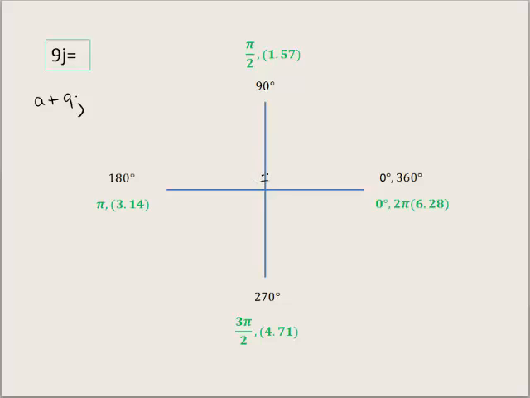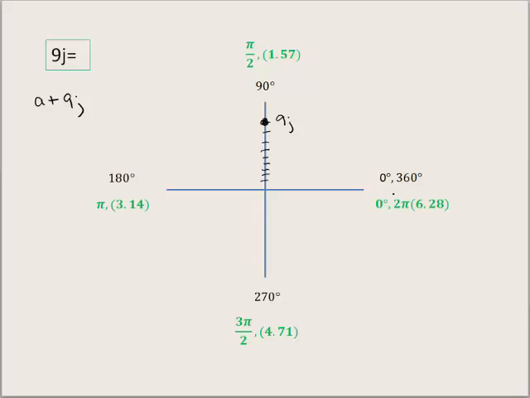So let's see, we need about 9. Let's see if I can get 9 in here. 1, 2, 3, 4, 5, 6, 7, 8, 9. Not exactly evenly spaced, but close enough. You get the idea. Now this point right here is 9j.